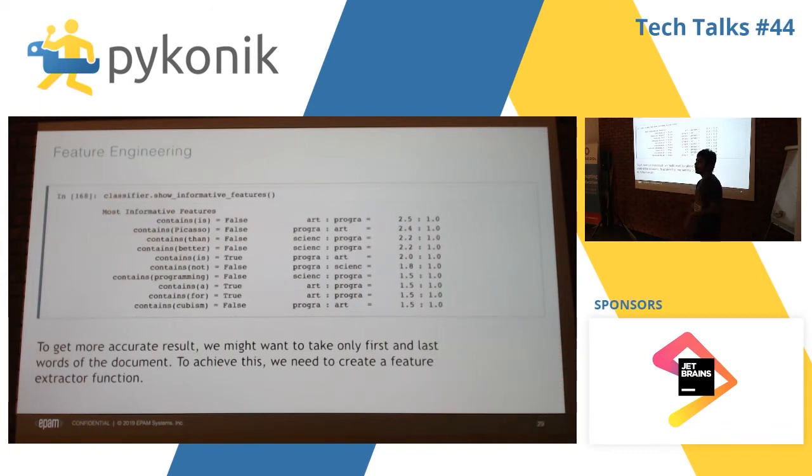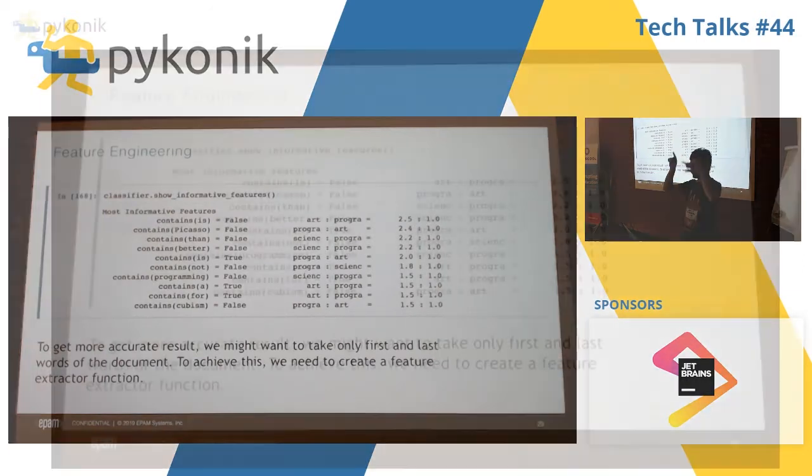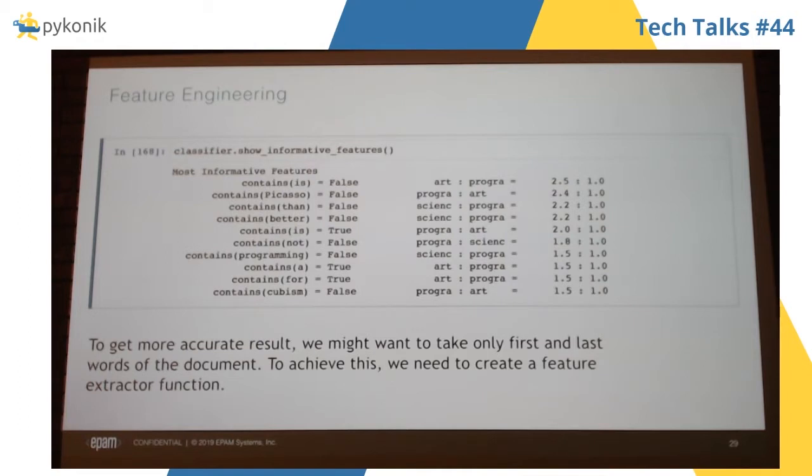The word "is" is the most frequently used word in English, and we need to exclude that word from the classification process. That's how feature engineering works. We need to clean our data, for instance.